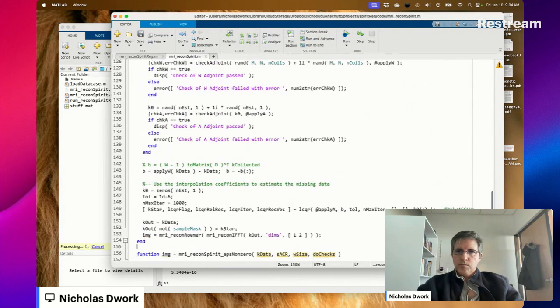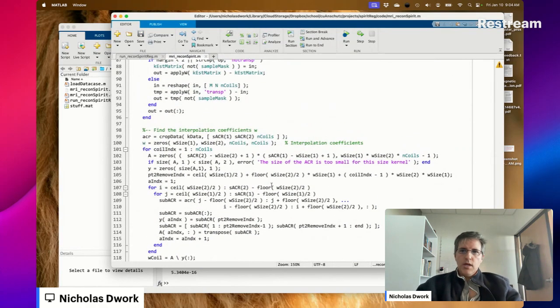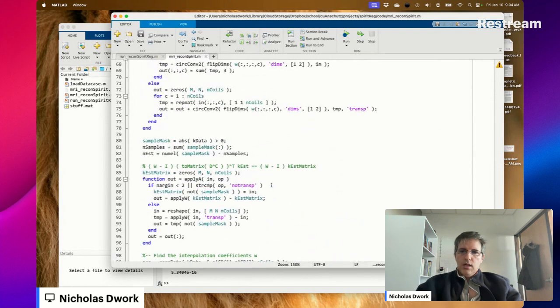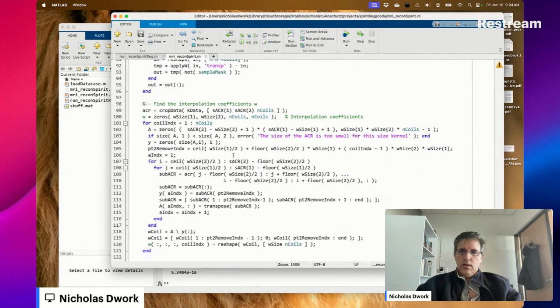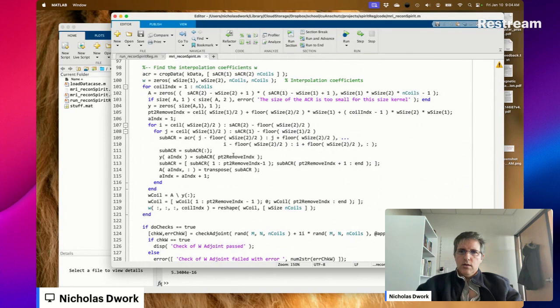Okay. I think we find the interpolation coefficients the same.